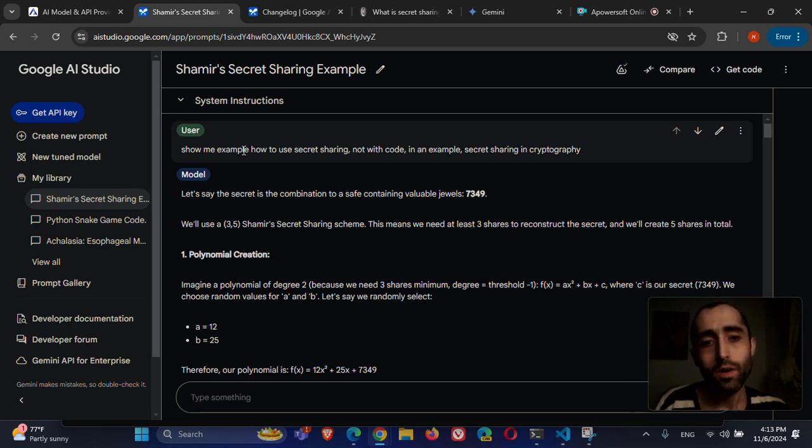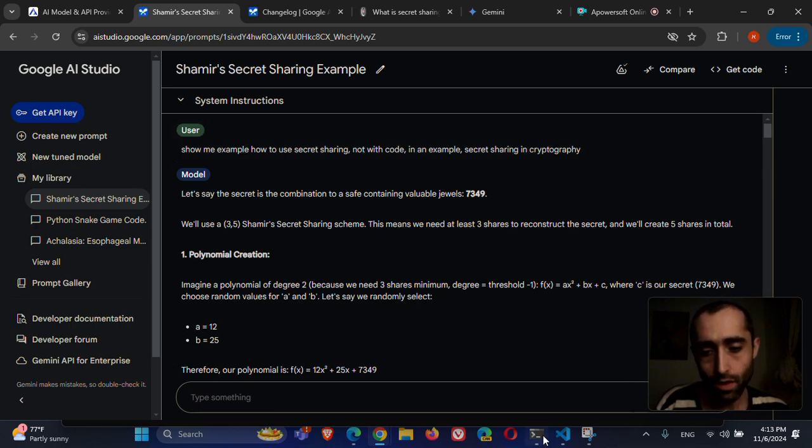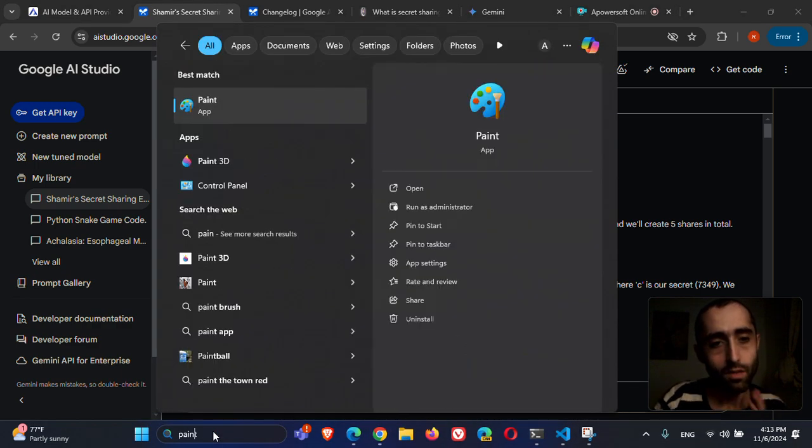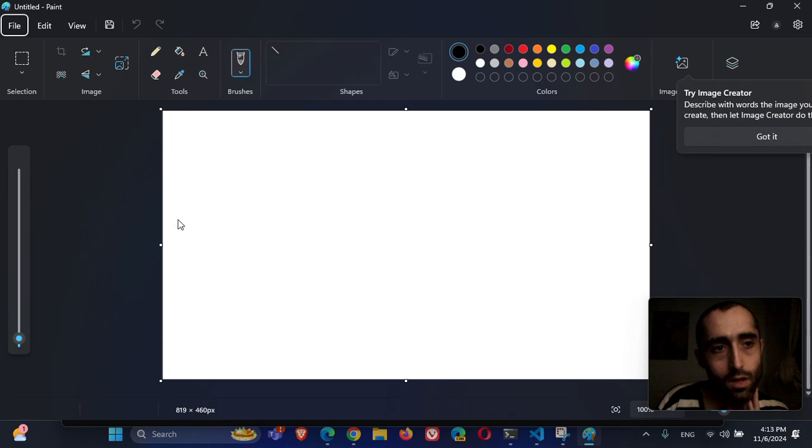The first one will be Shamir's secret sharing, Shamir's scheme, which is based on a polynomial. What will happen is that we will create a polynomial.